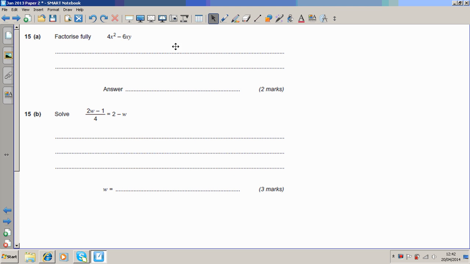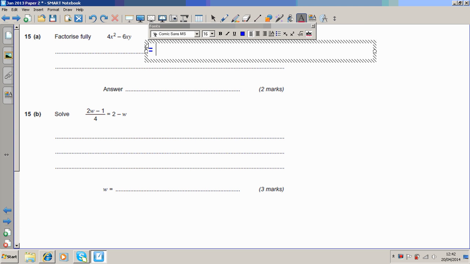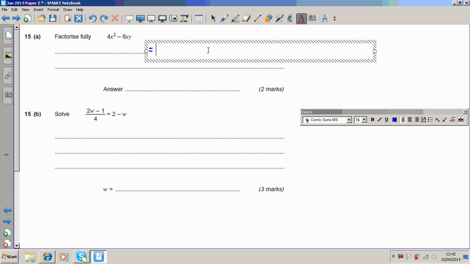Number 15, factorise fully. I love factorising. Seems to cause some confusion sometimes though. So to factorise, we've got two terms here, we've got 4x squared and we've got 6xy. We're looking for things that are similar in both. So what number goes into 4 and 6? Well, 2 does. And what letter have we got in both? Well, we've got an x in both. So that's what we take outside of our bracket. Now what do we times 2x by to get to 4x squared?